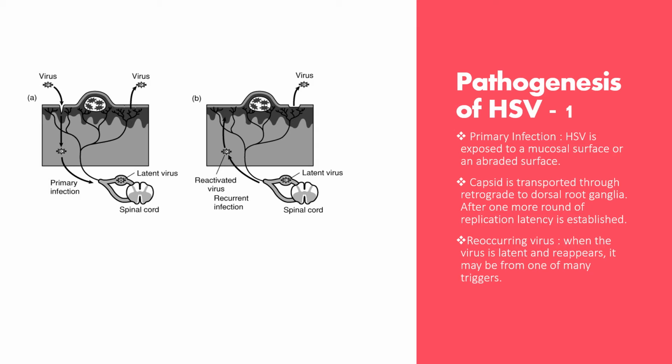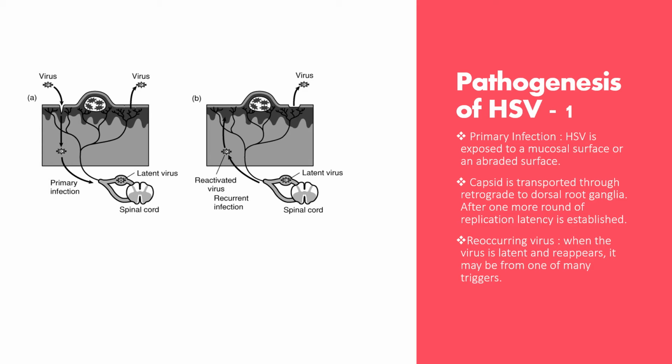Once the primary infection happens, the capsid is transported retrograde to the dorsal root ganglia, and after one more round of replication, latency is established. Basically, that means you will have it for the rest of your life. It will be dormant, so it will come and go, and if you're really stressed out or something, then it'll reappear.